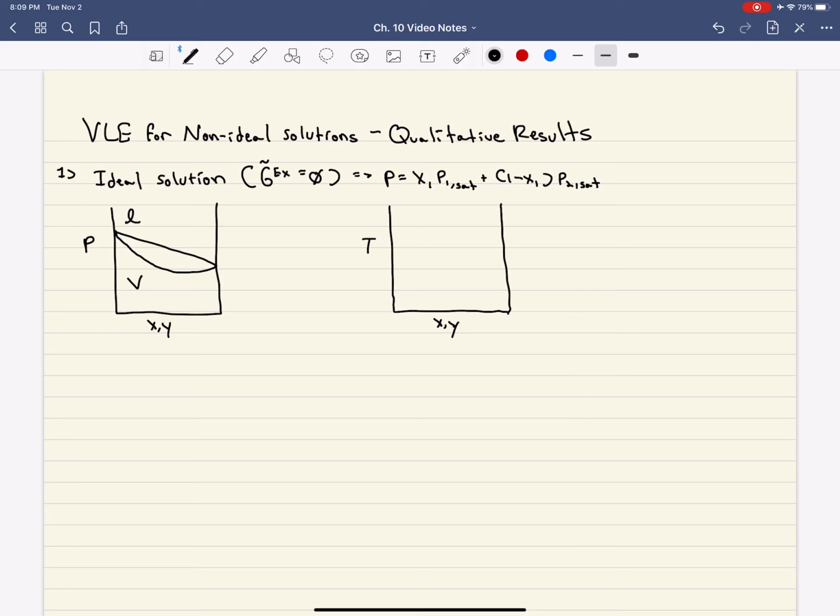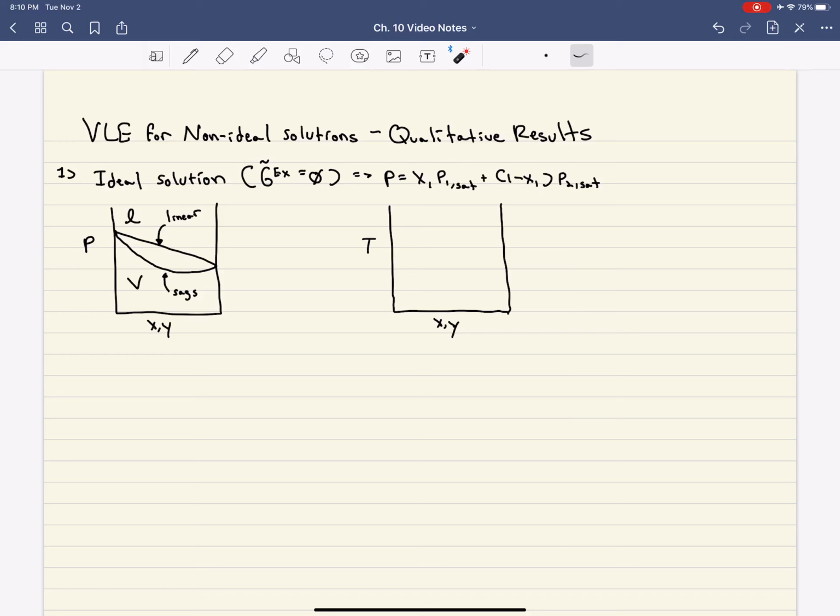For the liquid line, for an ideal solution, it would be linear, while the vapor line would kind of sag. And that just comes from the math of this equation right here. If you rearranged it, you could have it in a slope form, where you just had all your x terms combined.